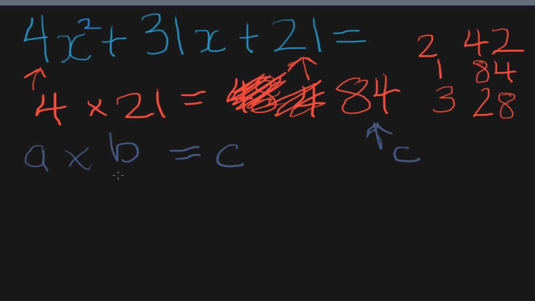But a plus b will have to be the coefficient of your x. So 31 in our case. Now we want to find the two factors of 84 which add together to create 31 as well.